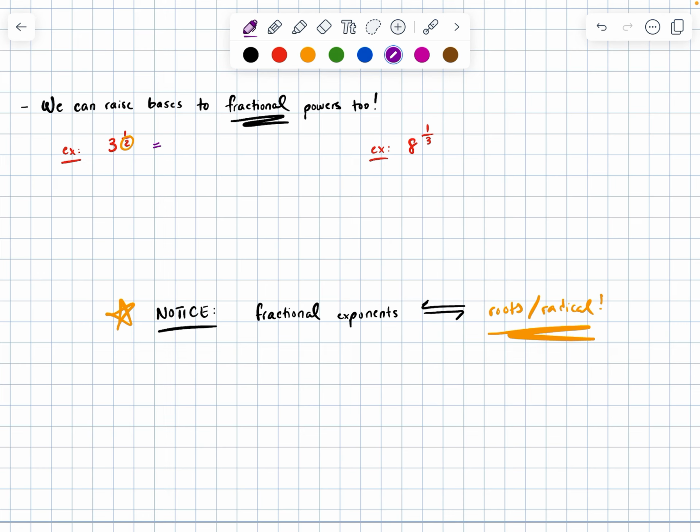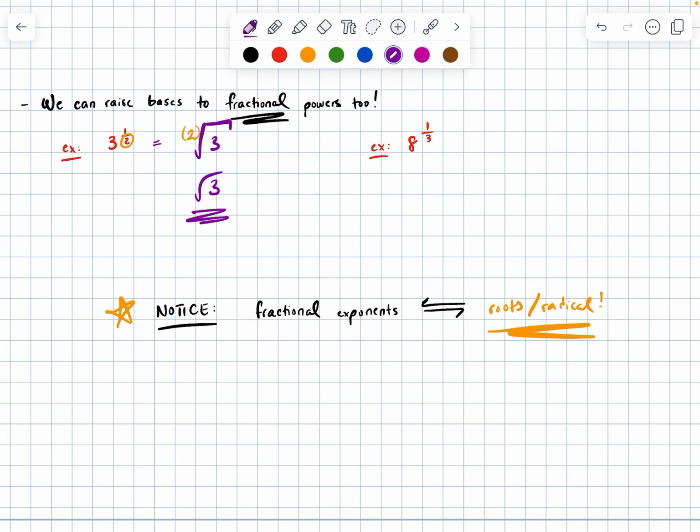It turns out that that 2 is going to become that little number here off to the side of our root, and then 3 is now the number that I want to find the second root of. But you may remember that we often don't bother to write this little number here of 2. We call this, more simply, the square root of 3, which we write as such.